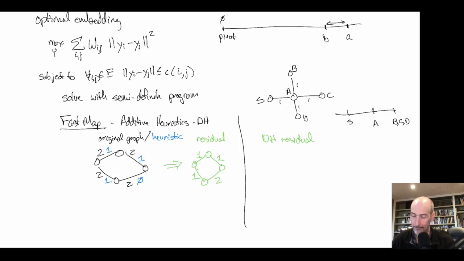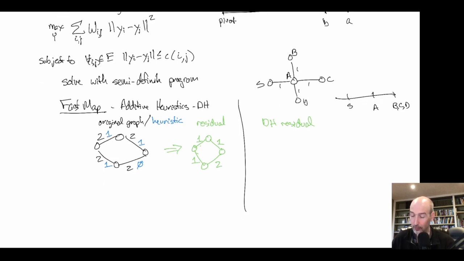Okay, and so when we do that, with S, A, B, C, D, what happens? We know from S to A we get a distance of 1, and from A to B, A to C, and A to D we get a distance of 1. So we've captured those distances perfectly well, but we haven't captured the distances from B and D. So for the residual graph, S to A, the residual there is 0 because we've captured that. From A to B, we've captured that as a distance 1, so I'm subtracting this out.